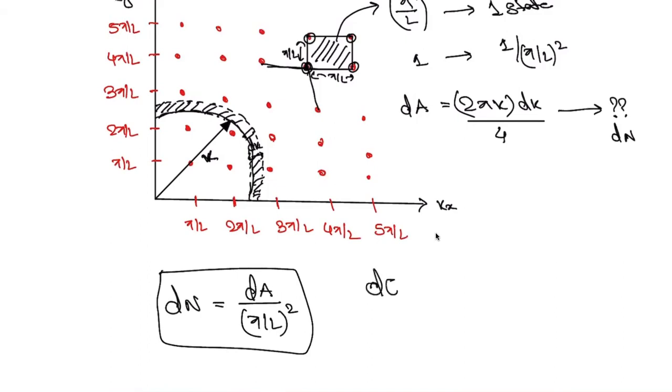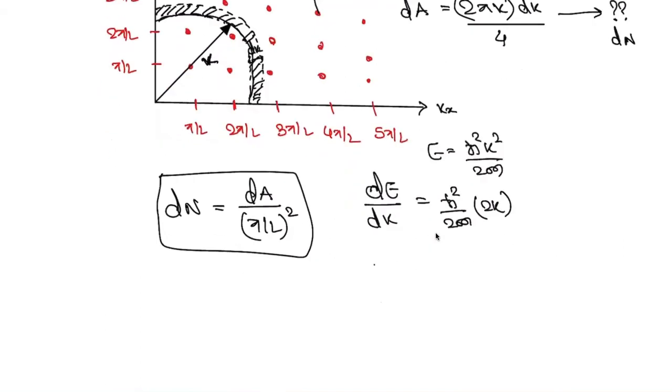So can we write dE by dk, where E is h square k square by 2m? If we differentiate, what will come? d by dk of h cross square by 2m, and k becomes 2k, right? So from here we can write 2 pi k dk.